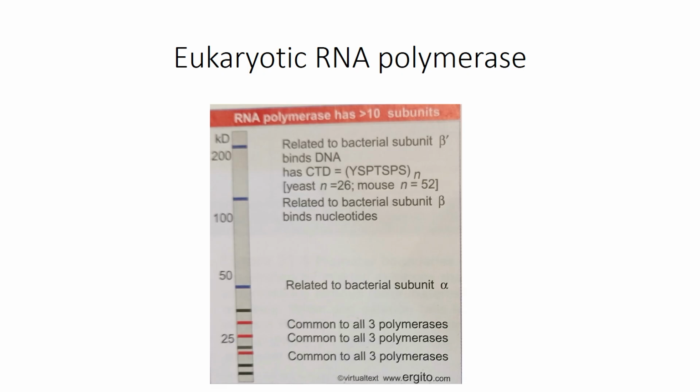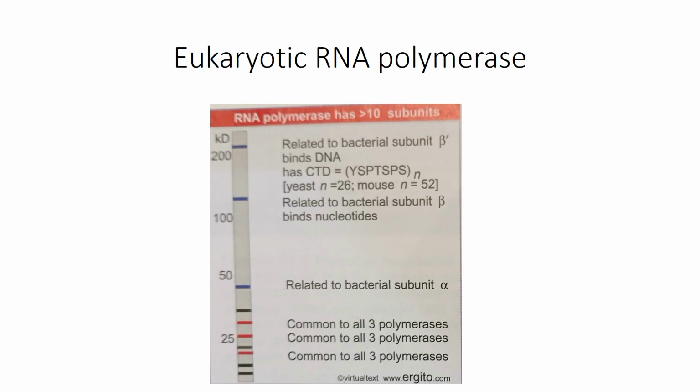In mouse, this is 52. So, this is one subunit. The other subunit is related to bacterial subunit beta that binds with the nucleotides. Another subunit, less than 50 kD, is related to bacterial subunit alpha.